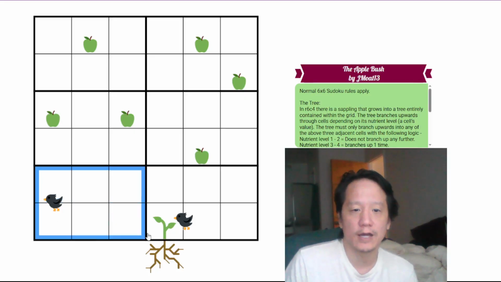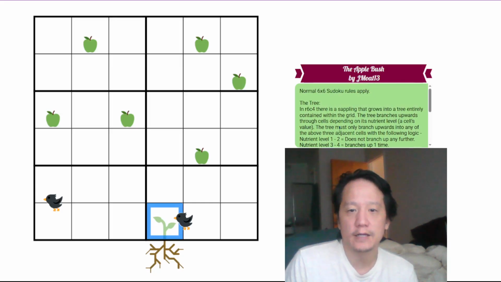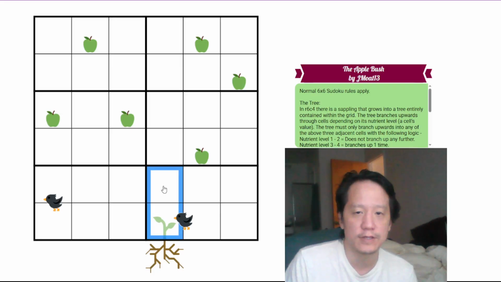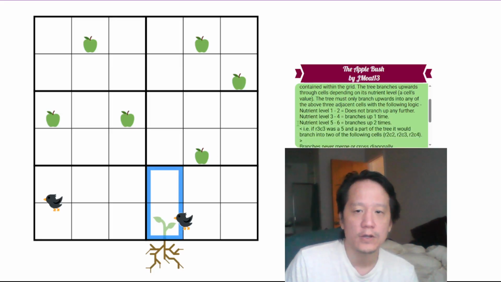And then we have the tree here, where the tree in row 6, column 4, there is a sapling that grows into a tree entirely contained within the grid. The tree branches upwards through cells depending on its nutrients level, that is, a cell's value.